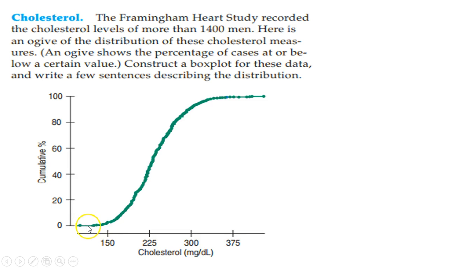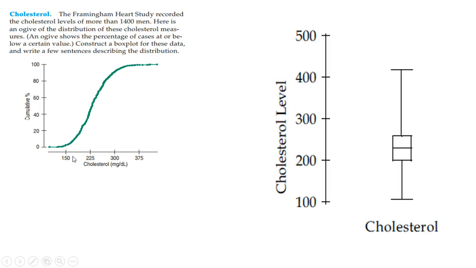If it looks like it is steadily going up, we want to construct what we think the box plot is roughly going to look like. I'm going to show you how that looks, because even though it's a cumulative frequency, we can construct a box plot, because we can do what we were doing before. And if you notice here, around 50% would be right in here.